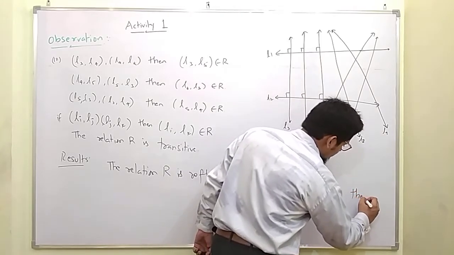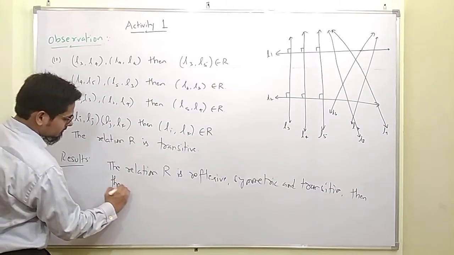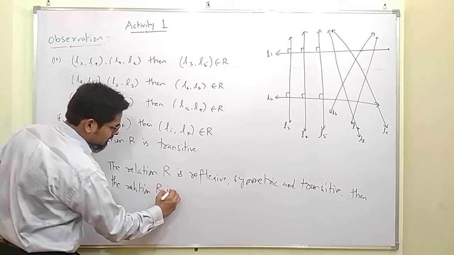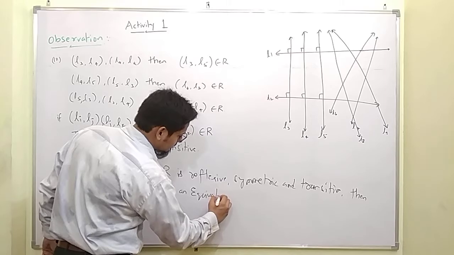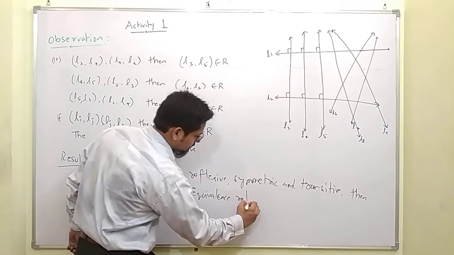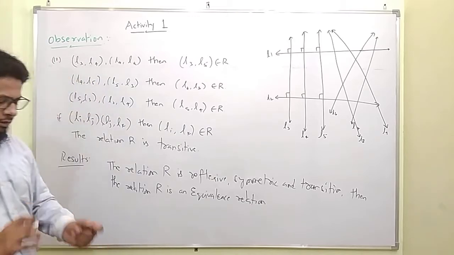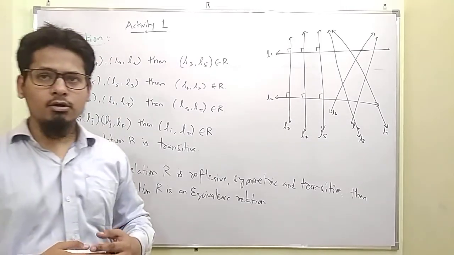Then the relation R is an equivalence relation. Okay class, now the class activity is over. Okay, this is the required explanation, and class, you copy it down in your practical 5.